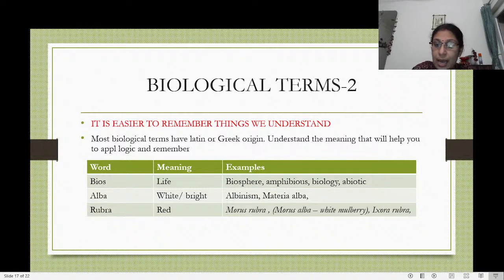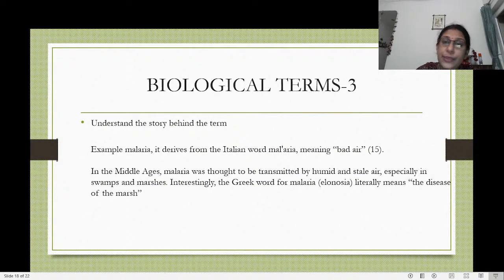Ixora rubra. Ixora is a flower, and the species which has red flowers is known as Ixora rubra. Right.